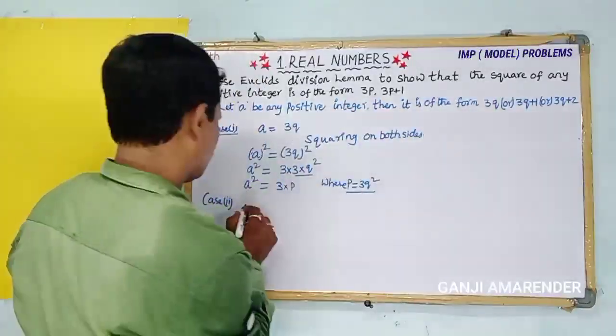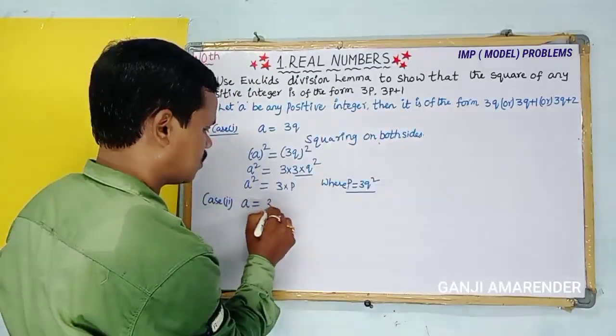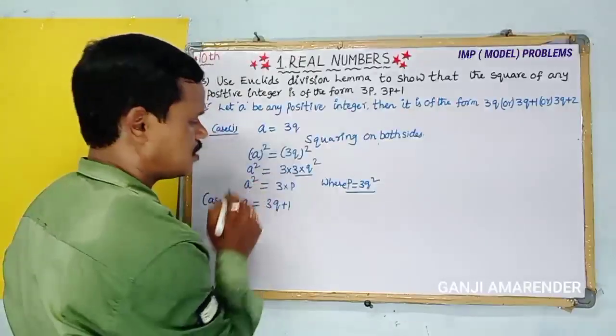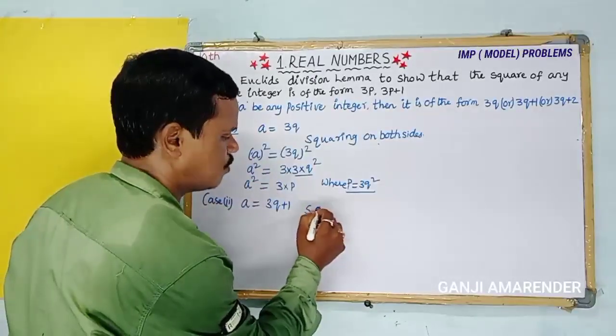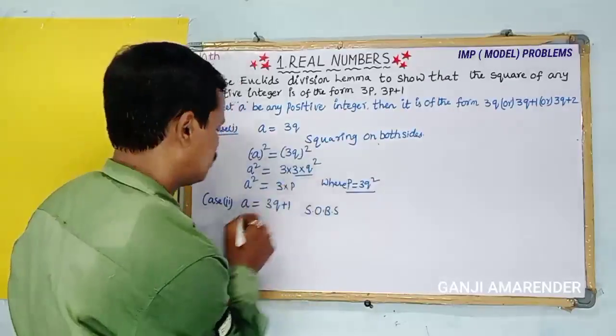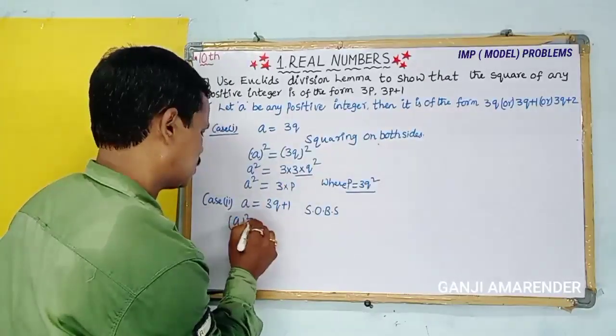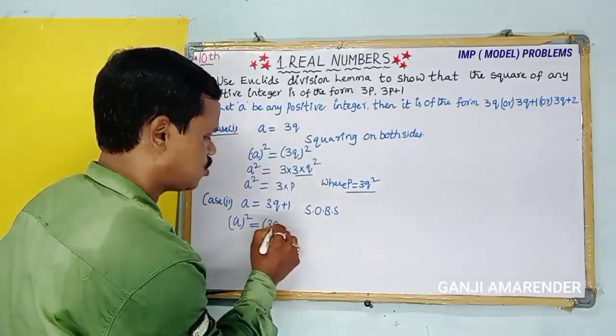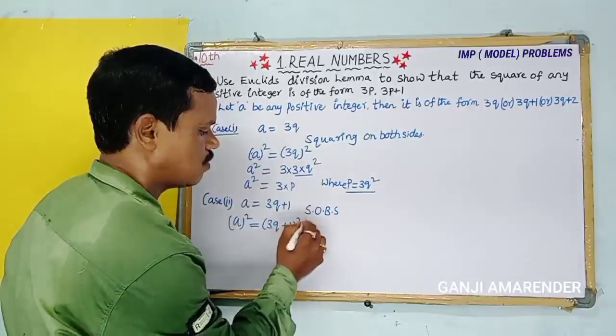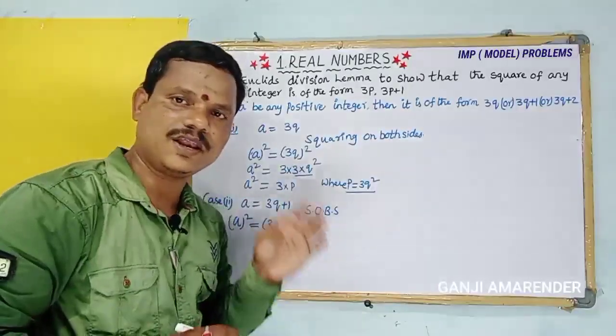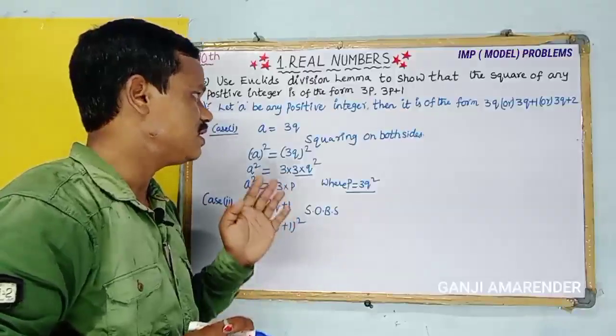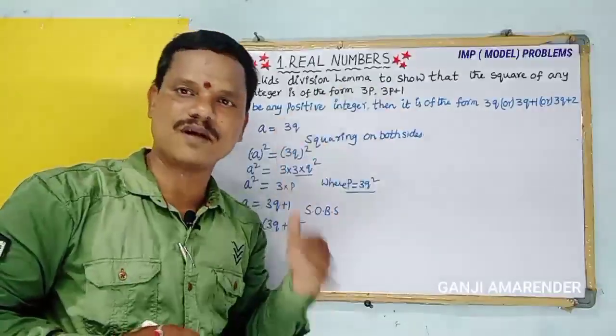a is equal to 3q plus 1. Now again squaring on both sides. a square is equal to 3q plus 1 whole square. Square of any positive integer is in the form of 3p or 3p plus 1, we have to prove.